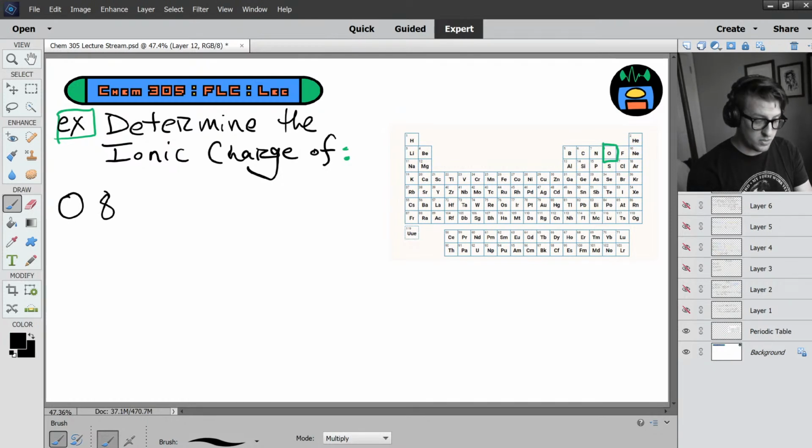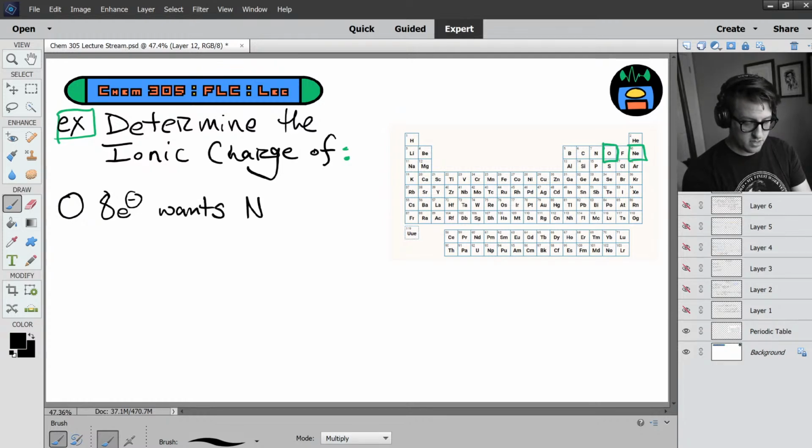When it's neutral, it has 8 electrons. Oxygen's nearest noble gas is neon, so oxygen wants to be like neon with 10 electrons. So ask yourself, does oxygen need to gain electrons or lose electrons?